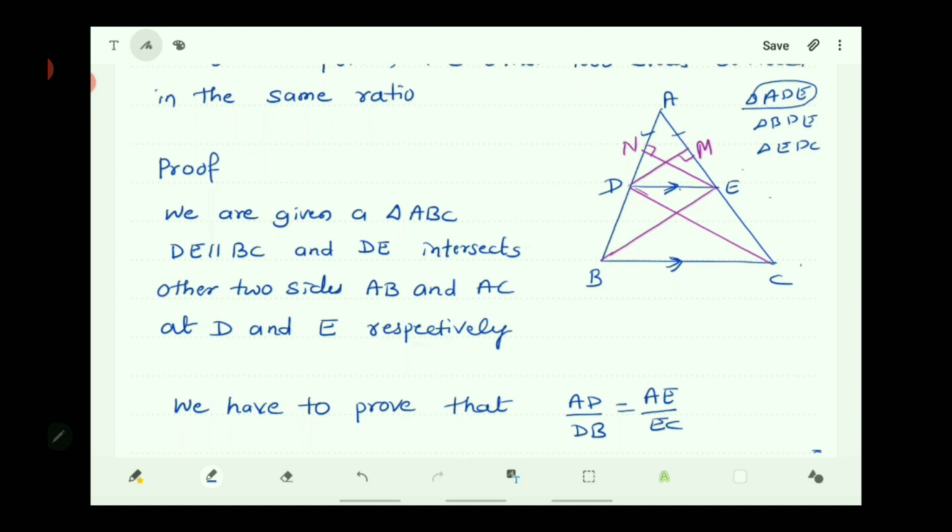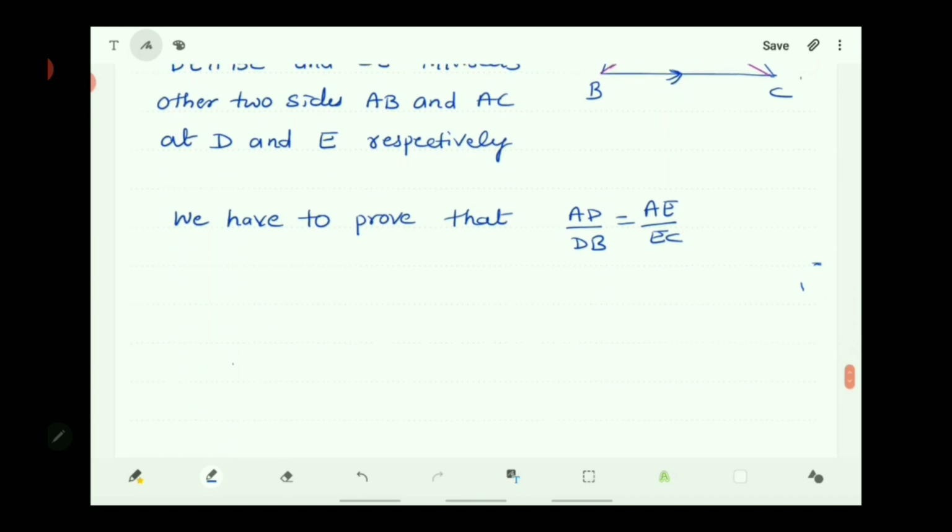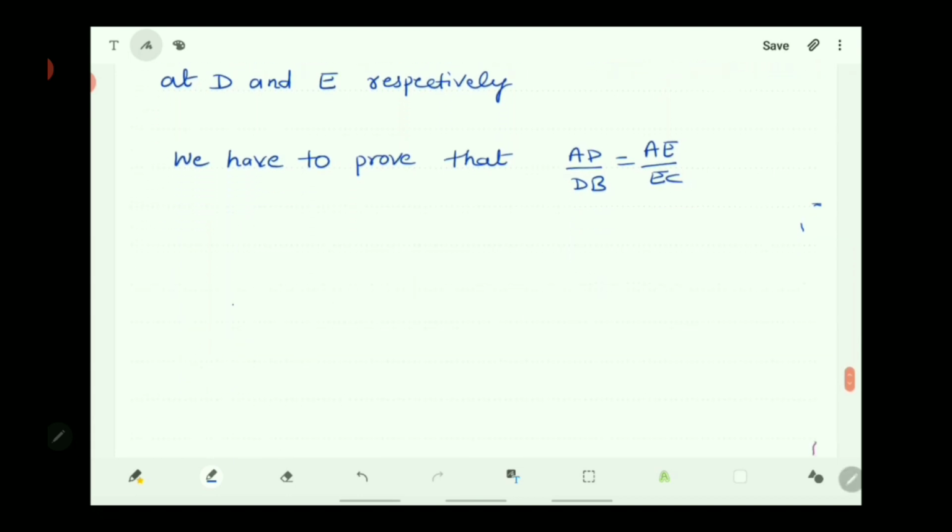Therefore, let us write the formula for the area of the triangle ADE by taking both the bases. Area of triangle ADE is equal to half into base into height, that is half into AD into EN.